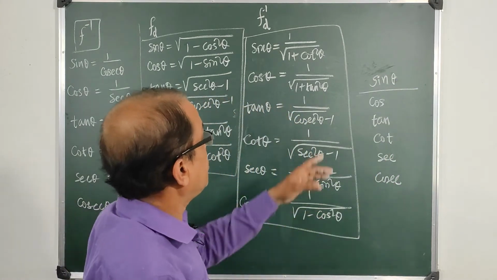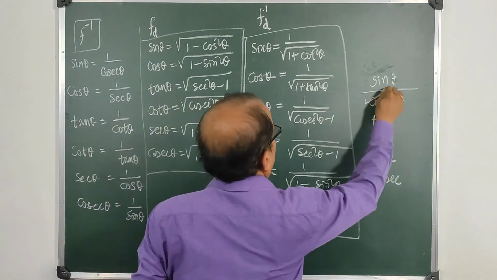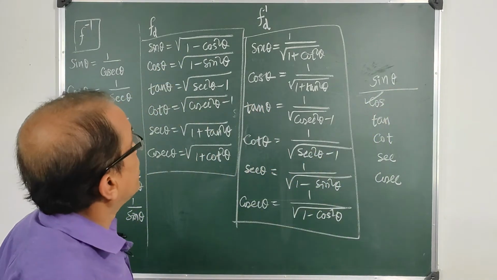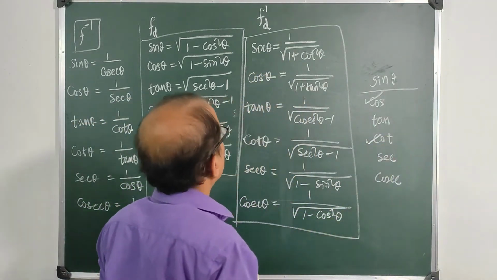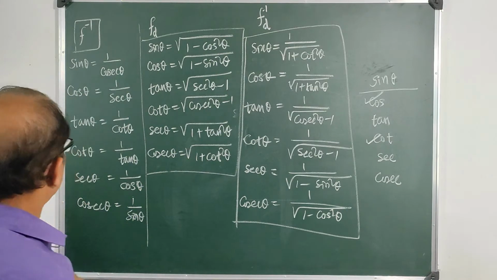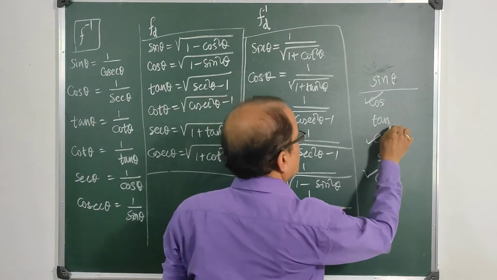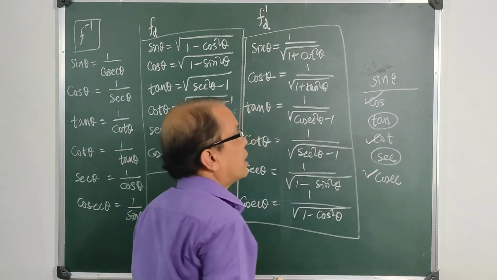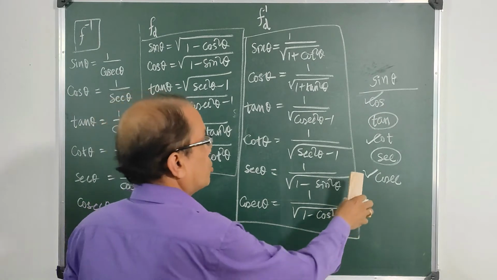What is sin theta in terms of cos theta? This one. So we have got this formula. What is sin theta in terms of cot theta? This one. So we have got this thing. What is sin theta in terms of cosec theta? This one. So we have got this one. So we have 2 remaining things: sin theta in terms of tan and sec. Is there any formula for that? Let us go for it.